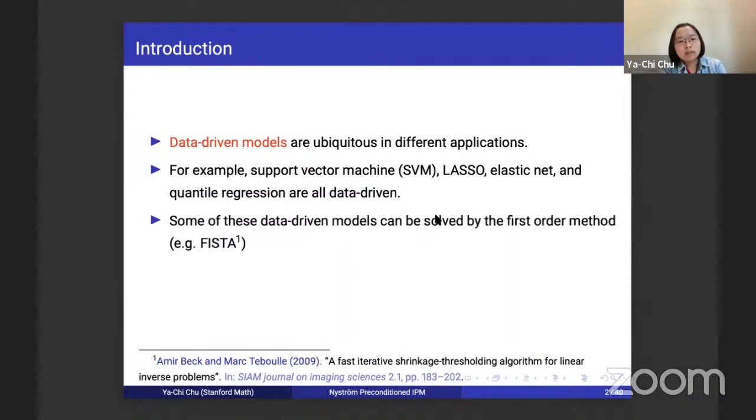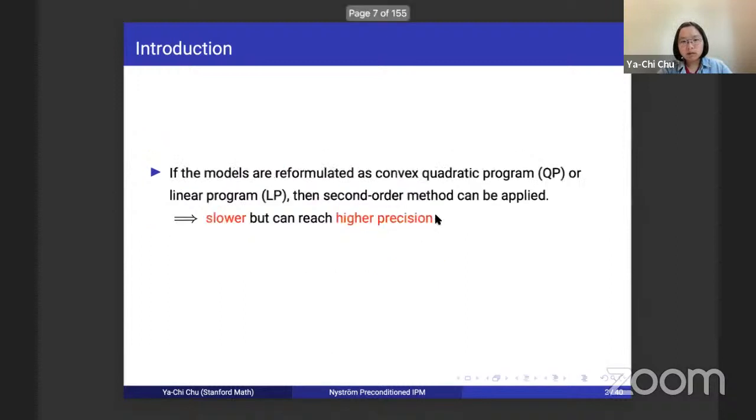Some of these problems take the form of a smooth function plus a non-smooth regularization term, and there are some very good first order methods which can be applied to solve this model, such as FISTA. But for first order methods, we all know that they are fast, but sometimes suffer from low precision.